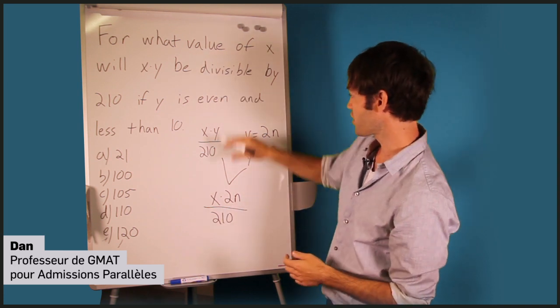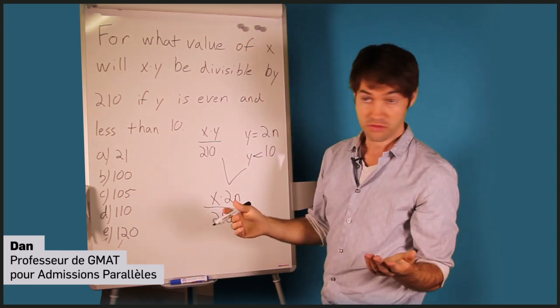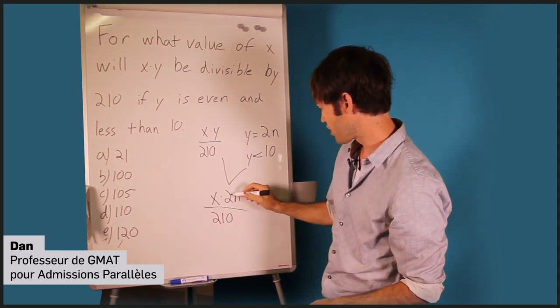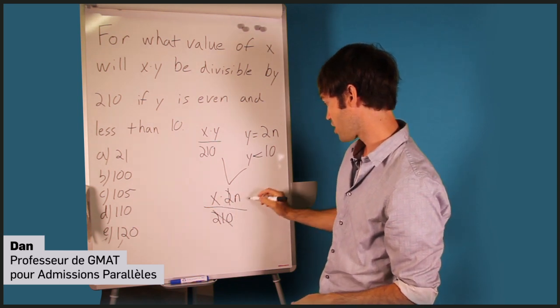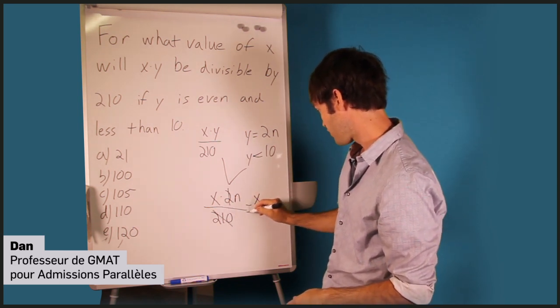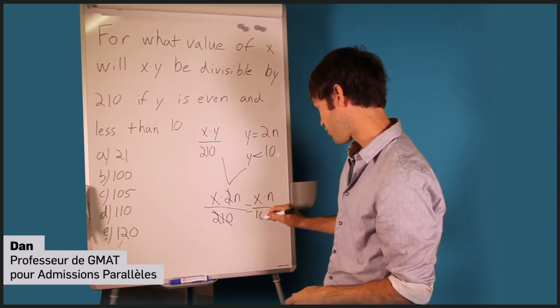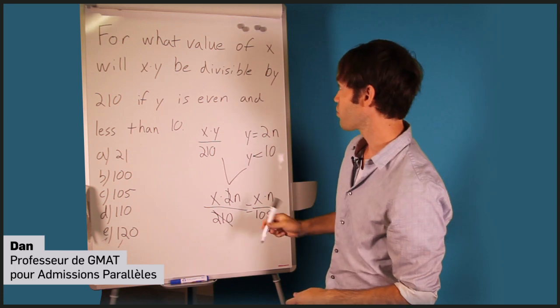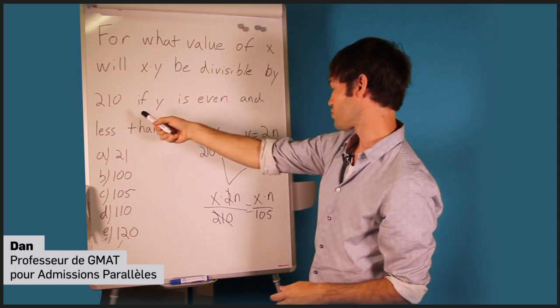So here we translated, put the translations together, and then we simplify. Here we've got a 2 on the top and 210 on the bottom. We can divide by 2 on the top and the bottom, and so we get x times n is divisible by 105.